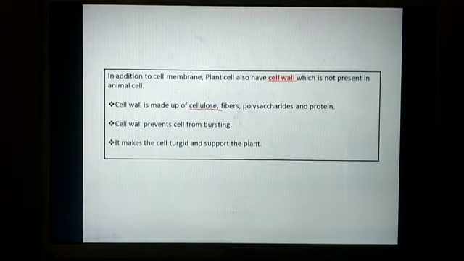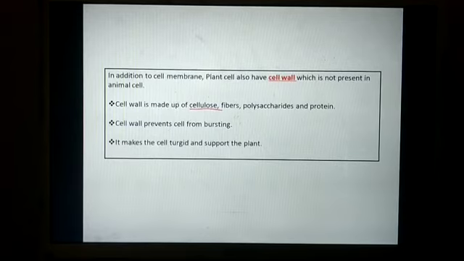This cell wall is very rigid as compared to the cell membrane, so it helps it to withstand that pressure. Hence the cell wall prevents the cell from bursting. Similarly, it makes the cell turgid and supports the plant. It helps the plant to withstand gravitational force.